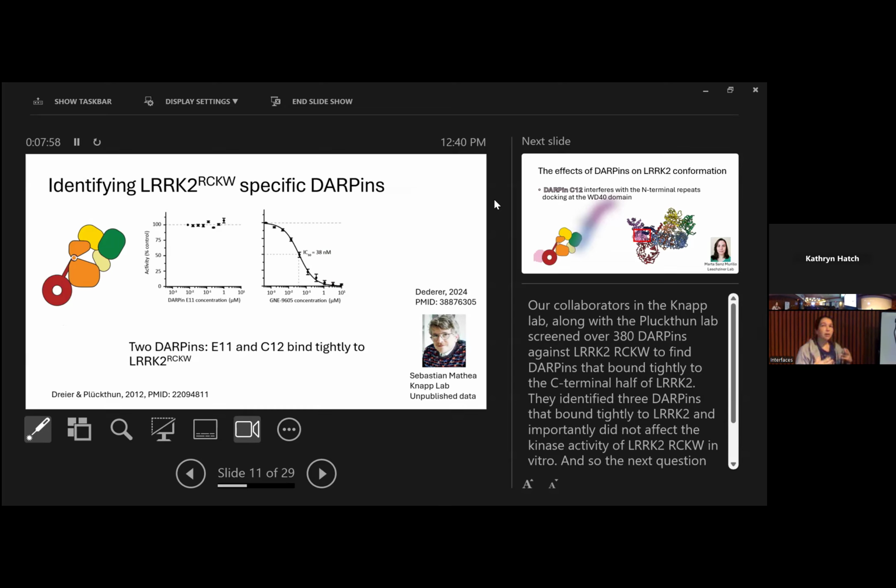And importantly, with this RCKW protein, they did not change the activity of the kinase. So here you have this inhibitor of LRRK2, and you can see a decrease in kinase activity as you increase the concentration of the inhibitor, but you don't see that same effect with DARPins. So for RCKW, it doesn't affect kinase activity inherently. And this work was done in the NAP lab.